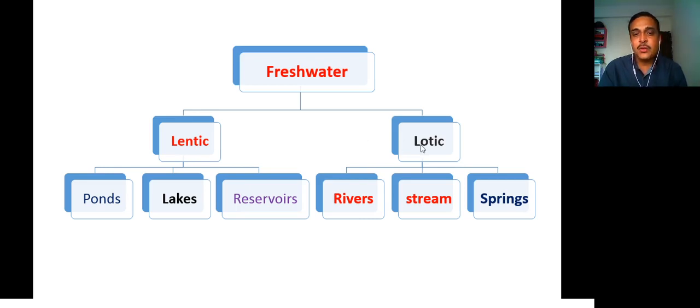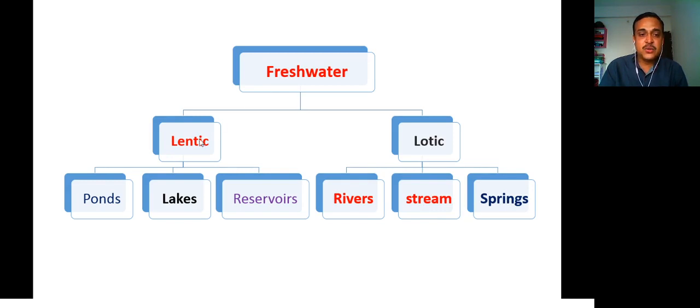Whereas lotic water means water in the form of running water, generally called flowing water sources. Examples of these lotic water bodies are rivers, streams, and springs.